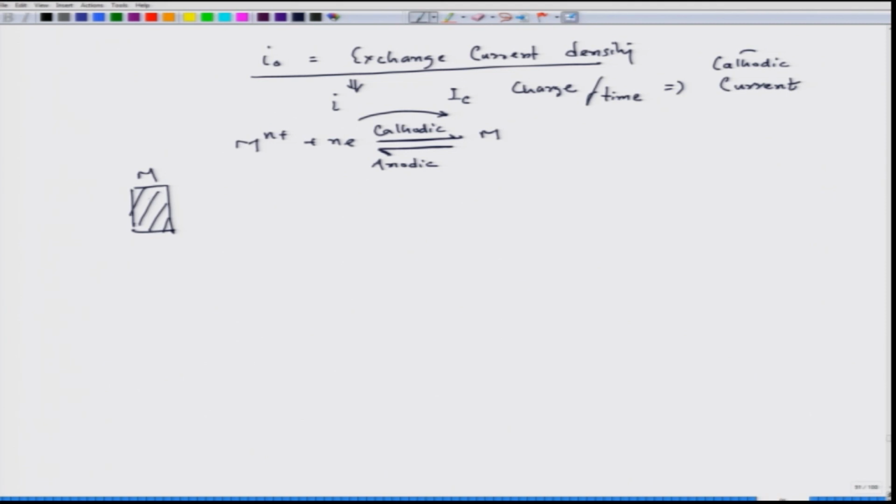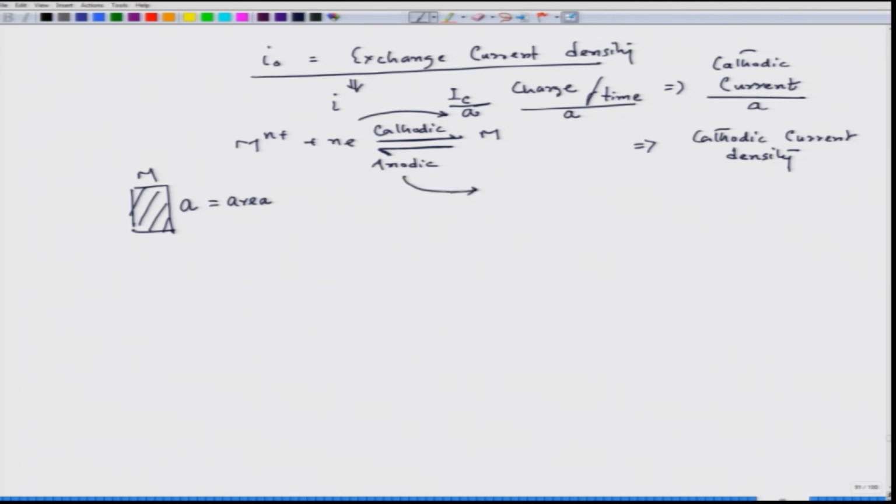If we divide by the area A, we get cathodic current density.